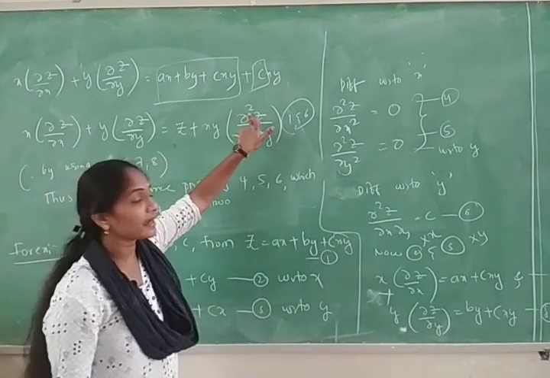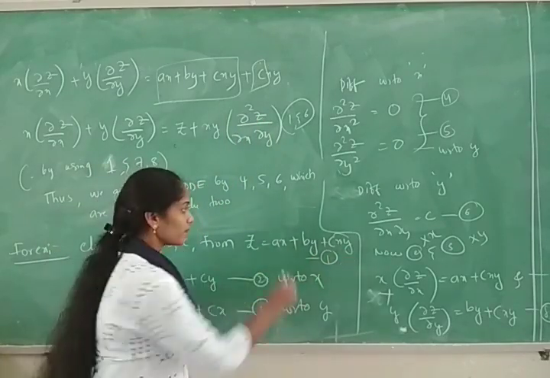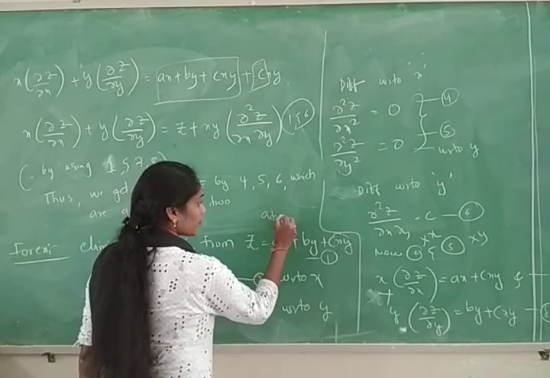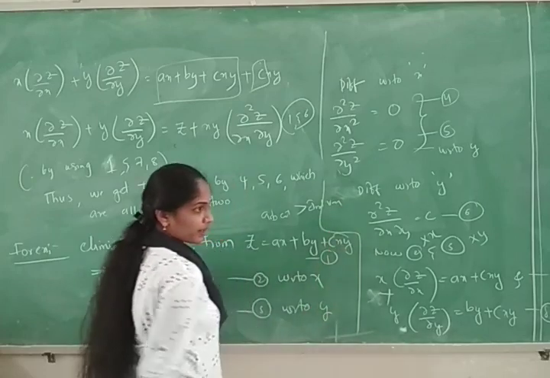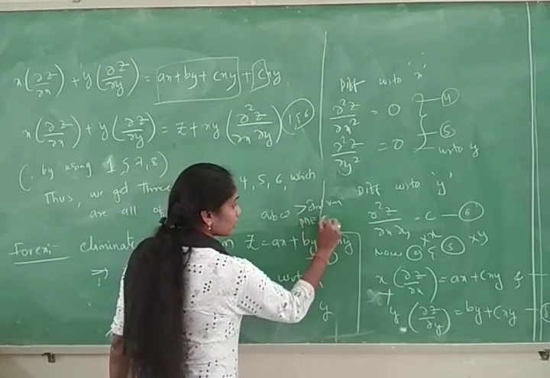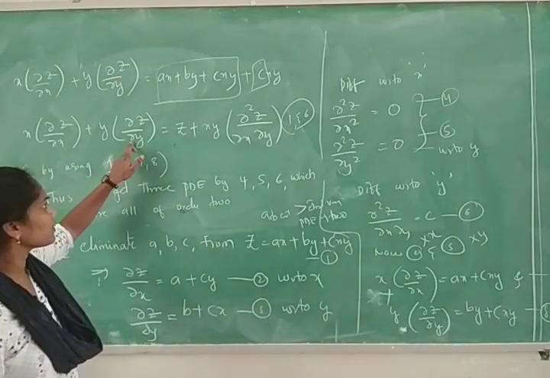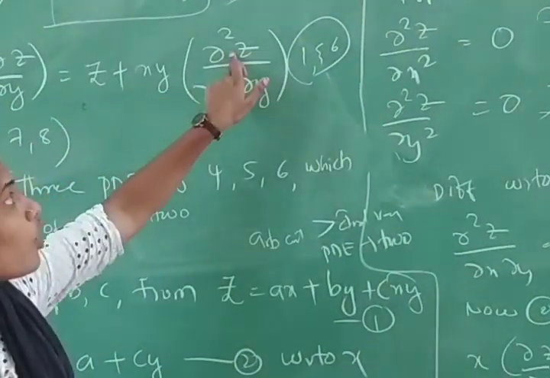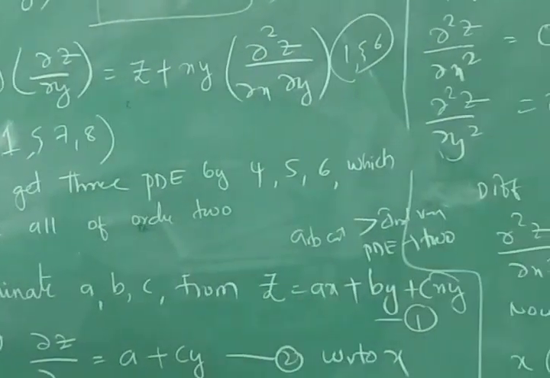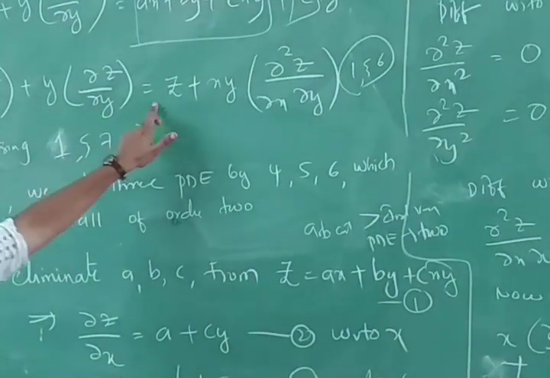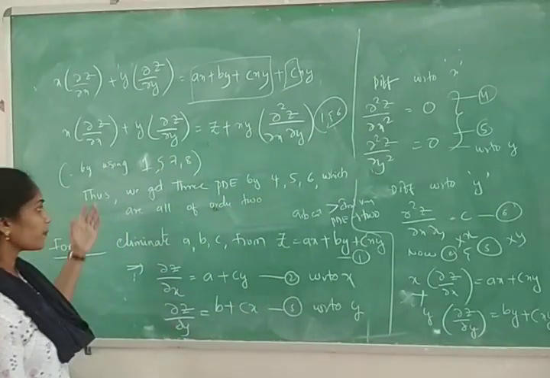You are getting order 2 if the arbitrary constants are greater than the independent variables, then the PDE is of order 2. So this is an equation, and you can write it in p, q form. What came here? Order 2. So this is the third situation. You can write it as px plus qy is equal to z plus xy into t or s, I think s. Okay? So that is how you write it in p, q.